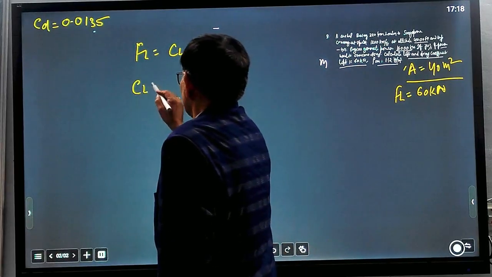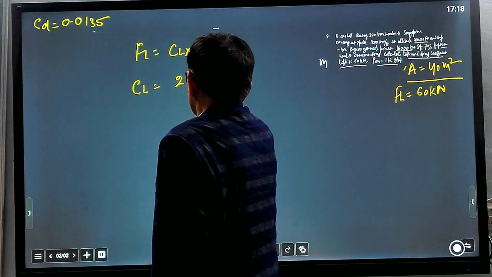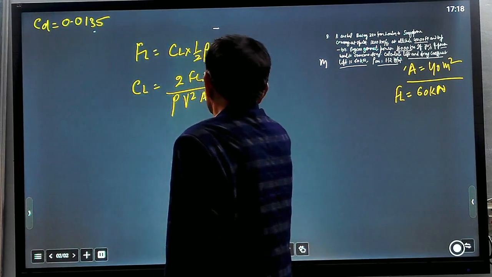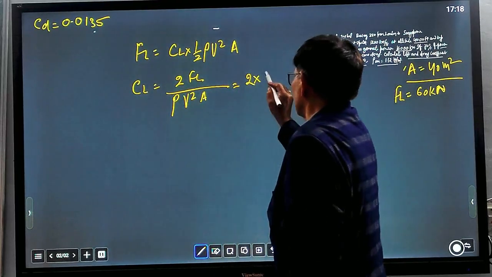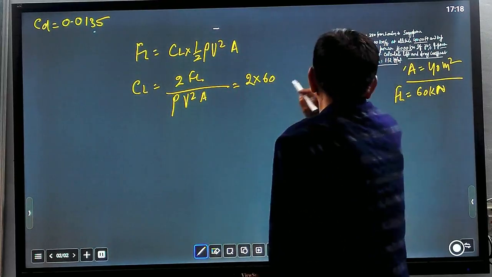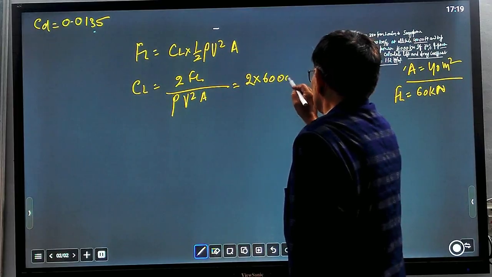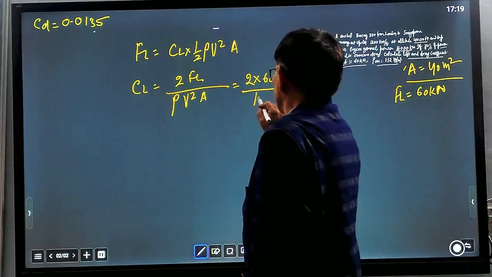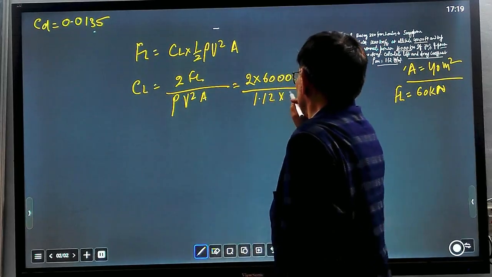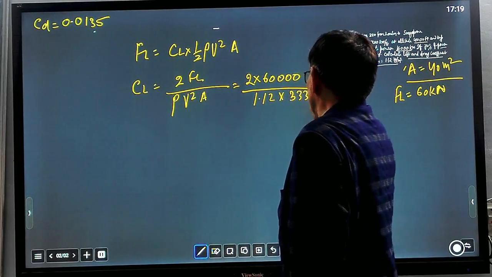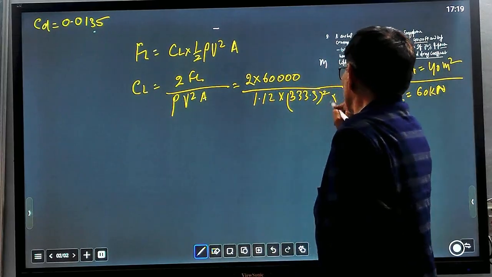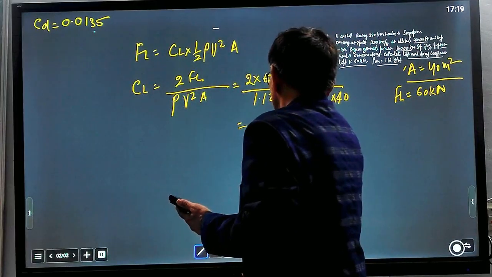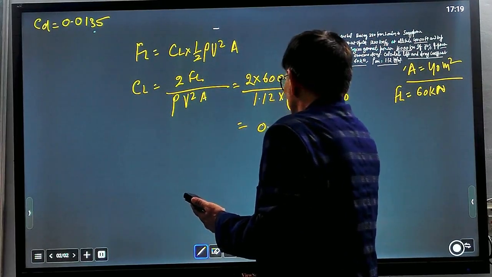So CL equal to 2 into FL upon rho V square into A. So 2 into 50 kilonewton multiplied by 1000, so it becomes 50,000 Newton. 50,000 Newton upon 1.12 into 333.3 square into area 40 meter square. This is equal to 0.024.